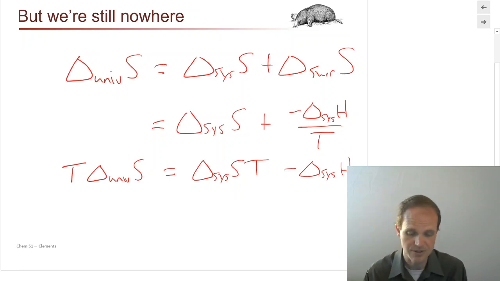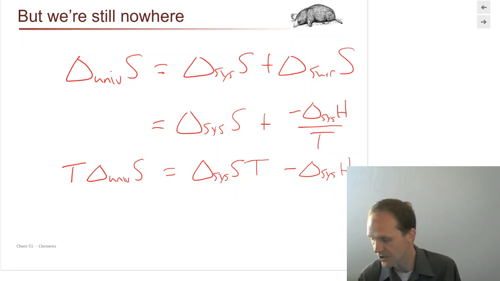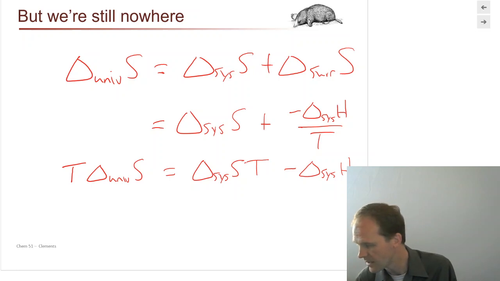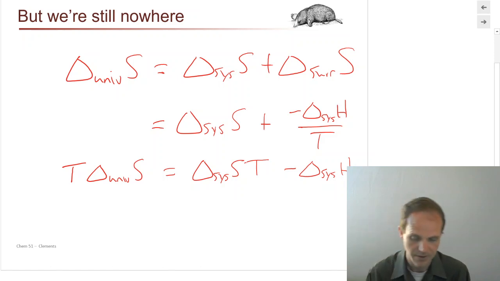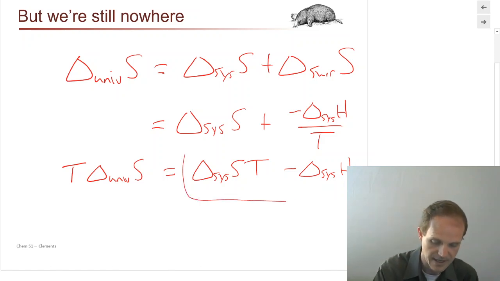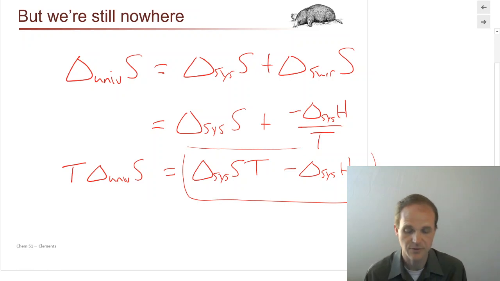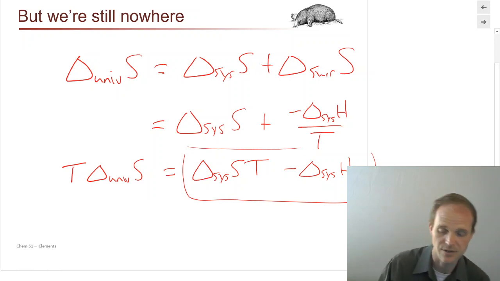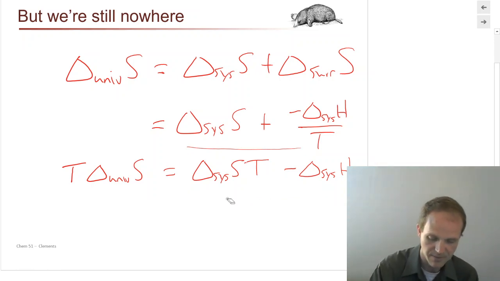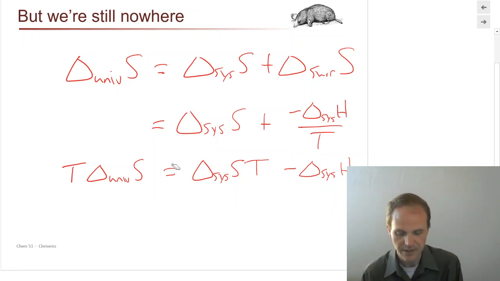So temperature is always greater than 0, right? So all I have to do is make sure that this side is greater than 0, and then the delta S of the universe is always going to be greater than 0. But how do we do that?